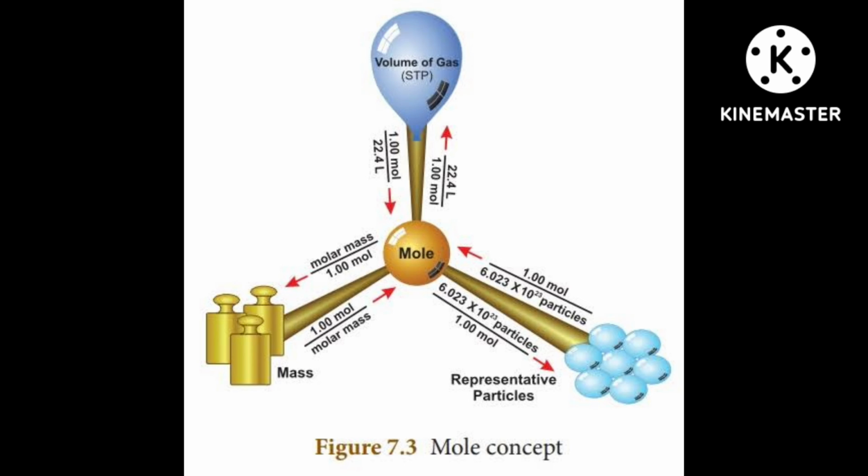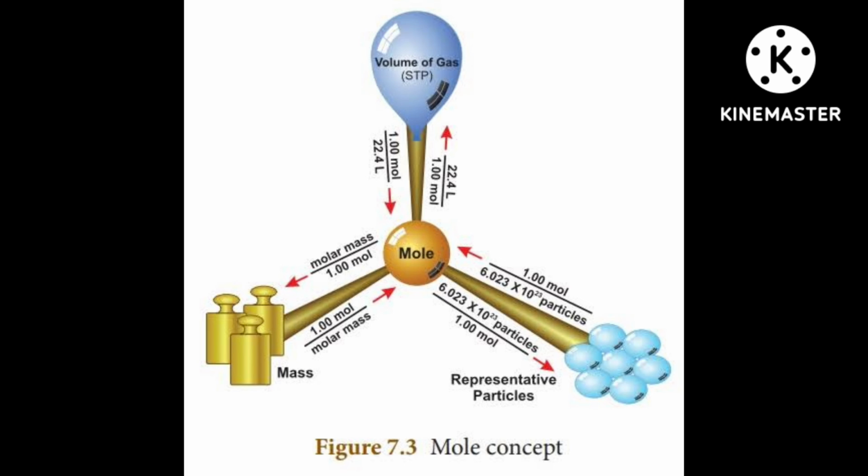This number is called 1 mole. Always keep this in mind. This is a big number, a huge number. This is a very, very important concept: the Avogadro number is equal to 1 mole.